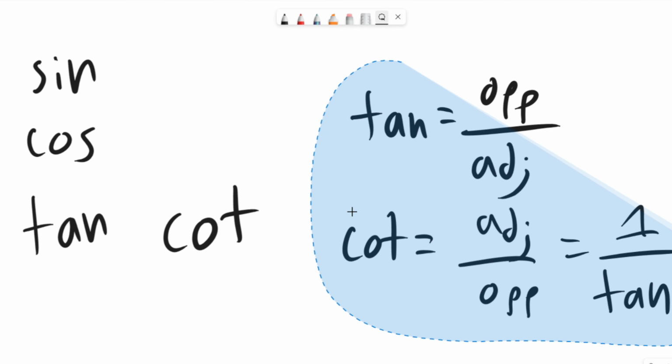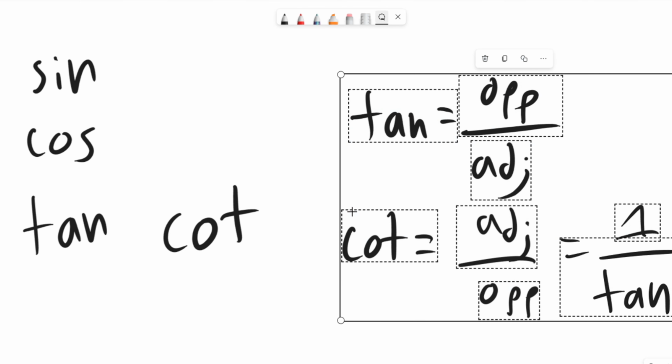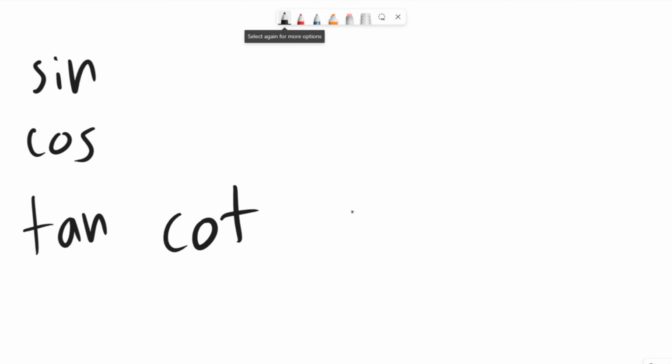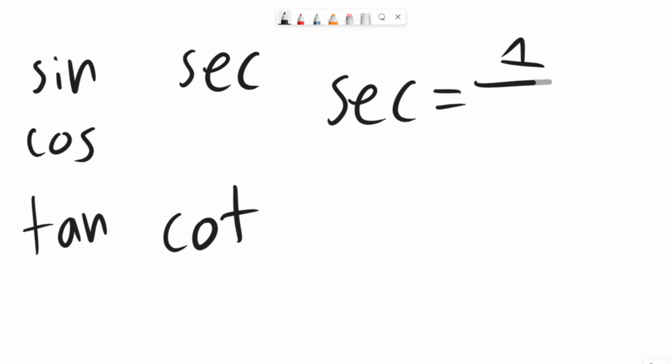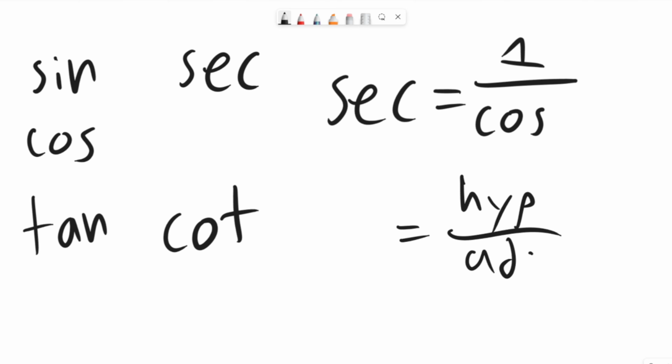It's really just a special name given to it, even though it really doesn't need the name, because it's just the reciprocal. But that's also what these others are. There's the secant function, and the secant function is the reciprocal of the cosine function, or if you want to think of it as the hypotenuse divided by adjacent.